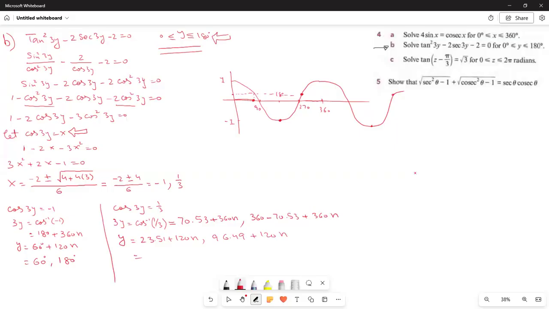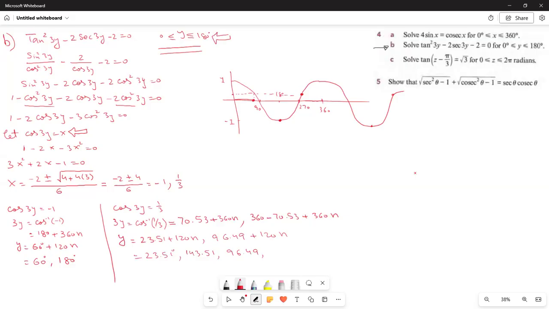If n is 0, I get simply 23.51, which is in this range, 0 to 180, so I will include it. When n is 1, I will get 143.51. In the same way, when n is 0, I get 96.49, and when n is 1, when I add 120 to this, it becomes 216.49, which is beyond 180 degrees.